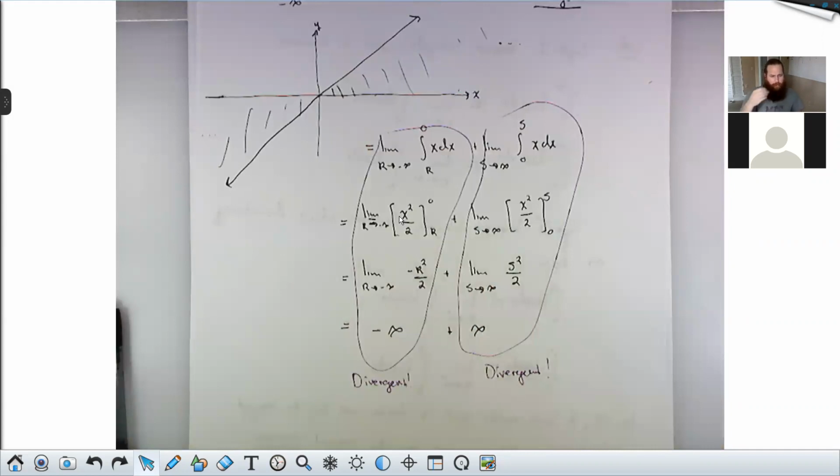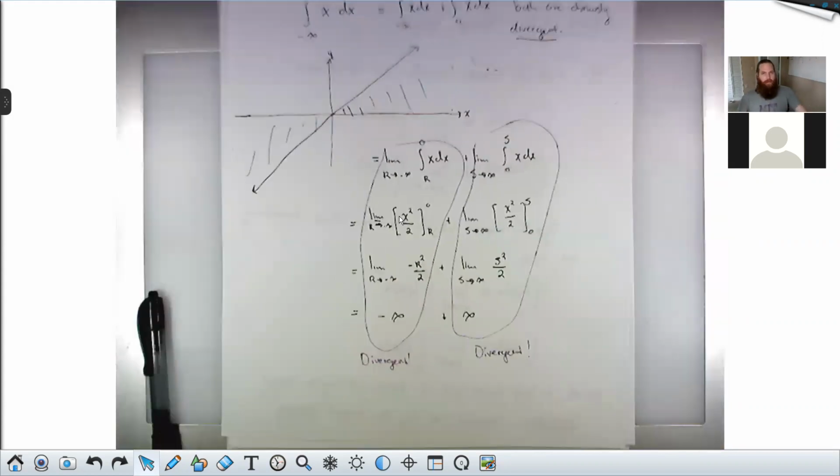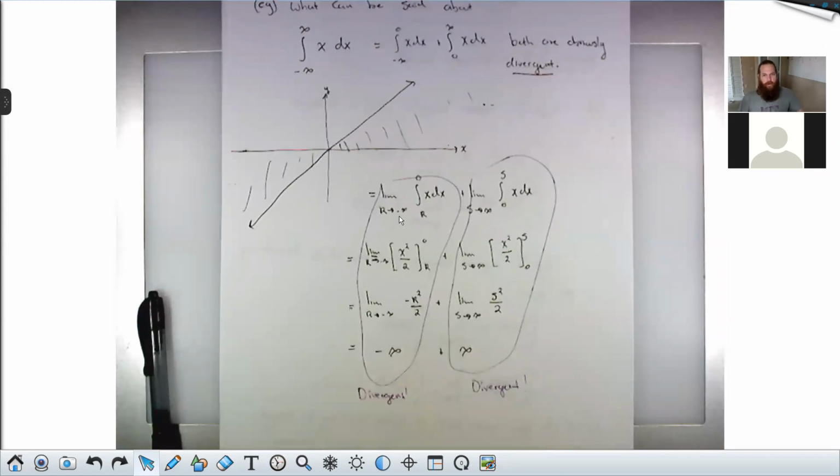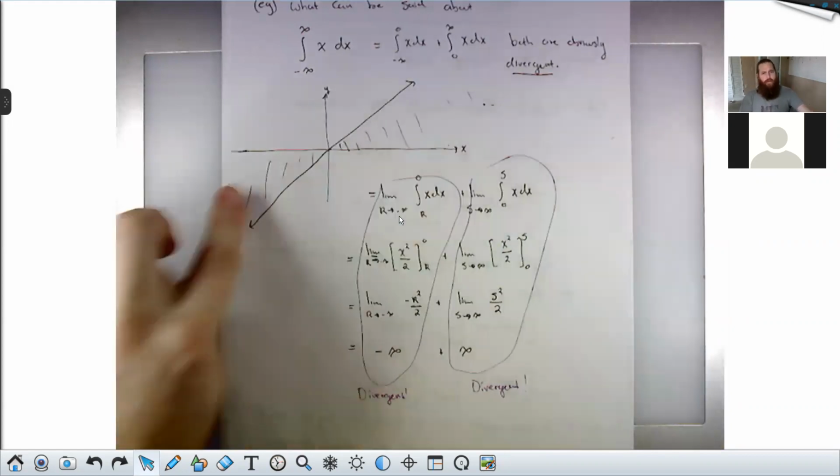And the question is, what about the original? The intuition you should have in mind here is that an integral converges if the area it measures is finite, right? If there is a definite area and that area is finite, then the integral converges. Here, the total area measured is clearly not finite.